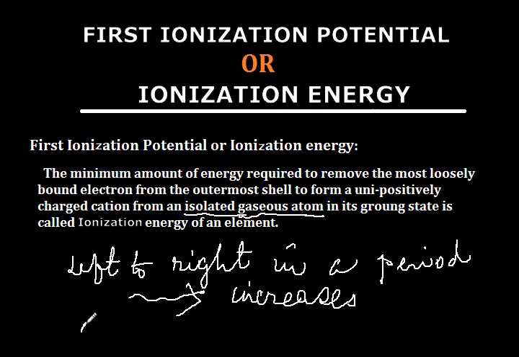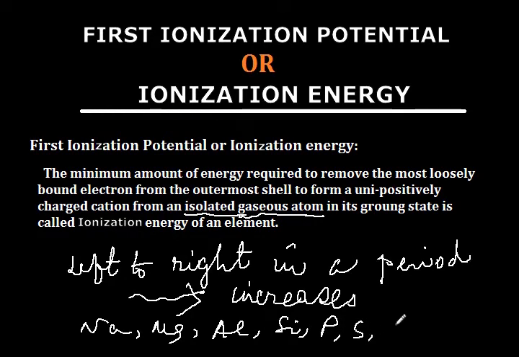Say sodium, then magnesium. Sodium has atomic number 11, magnesium 12, then aluminium 13, silicon 14, phosphorus 15, sulfur 16, chlorine 17, and argon 18. Argon is an inert gas, so it is not applicable for the inert gases. Sodium has the least ionization potential and chlorine has the maximum ionization potential.